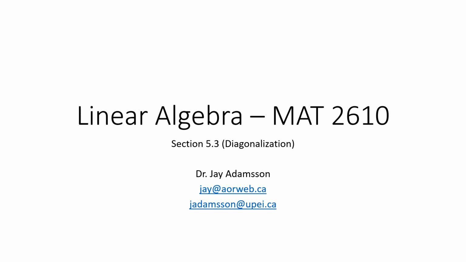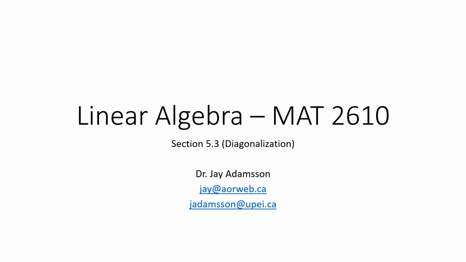Okay, so what's the summary from this lecture? We have talked before about similar matrices and similar matrices having a lot of similar properties, one of those properties being that the eigenvalues are the same. In this lecture, we saw when we can get something that's similar to a diagonal matrix. Why is that important? Because diagonal matrices are very easy to work with, whereas fully populated matrices are difficult to work with.